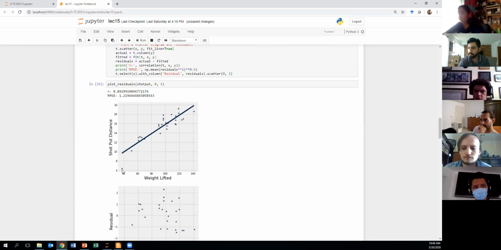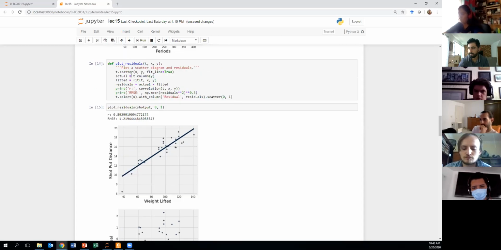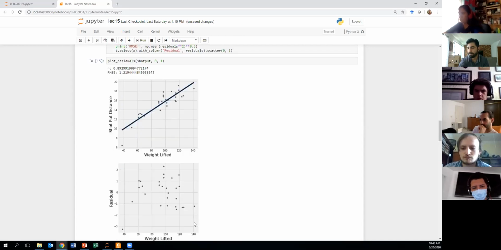So this function draws two scatter plots, one with the regression line and one with the residuals.